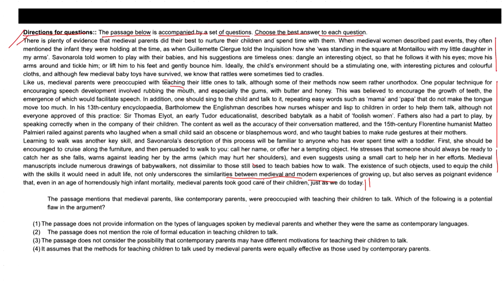If I talk about the tone of the author, so what is the tone? The tone could be known as an informative one, and descriptive also, informative and descriptive. The author is providing information about parenting practices in medieval times without expressing a strong emotional or persuasive tone.